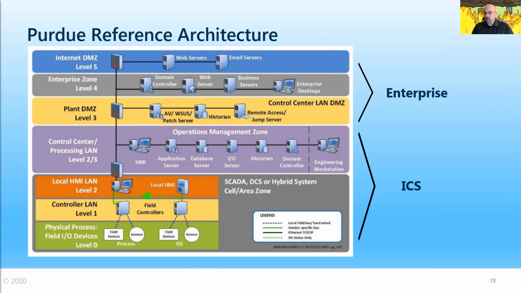Level 3 is where we start to get to that border between enterprise and ICS. Level 3 would be the plant DMZ, a boundary between the enterprise level and the plant systems. You may see some of these also called level 3.5, which I pointed out in the previous slide.